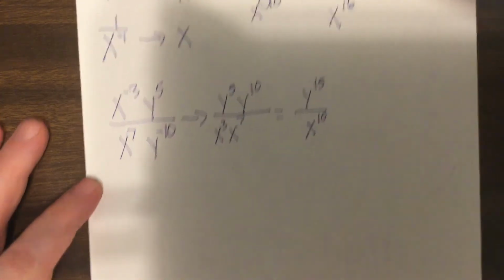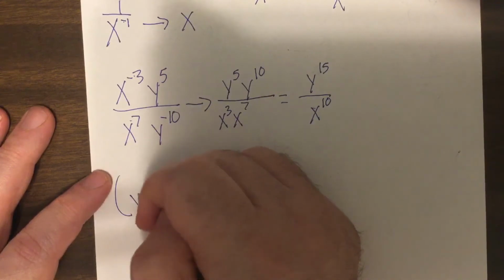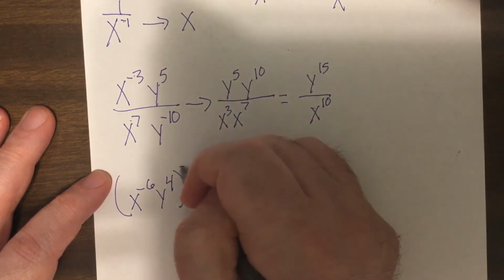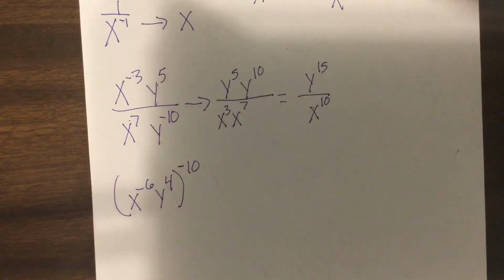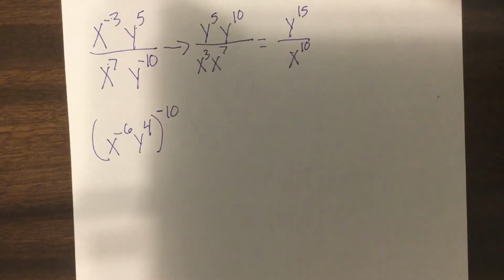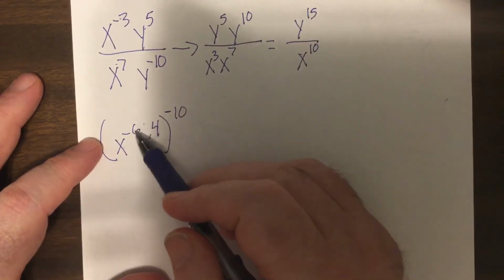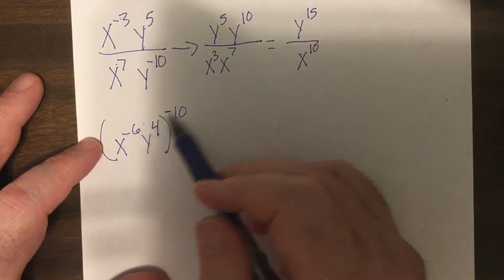So if I had this, x to the negative 6, y to the 4th, all raised to the negative 10th. Now again, there's different ways of doing this. Instead of moving it right now, I like to raise both to that power. Because when you have a base to a power, then raise it to another power, you multiply.